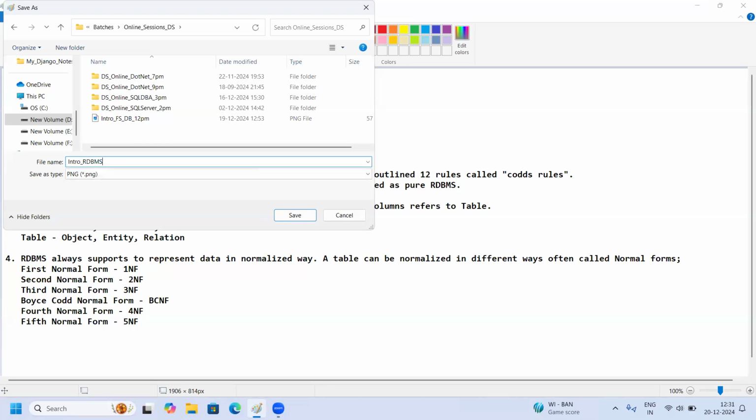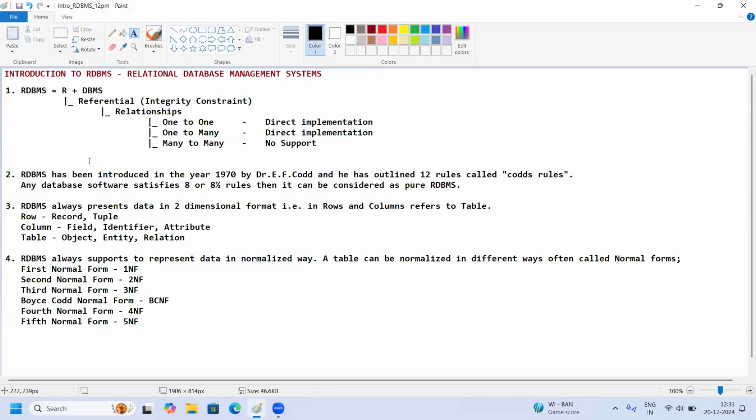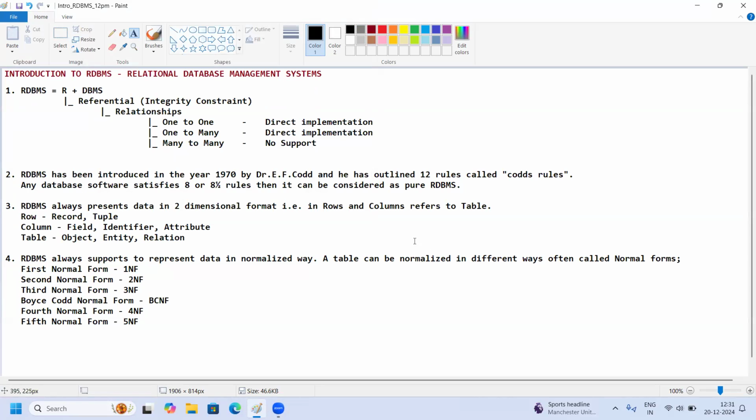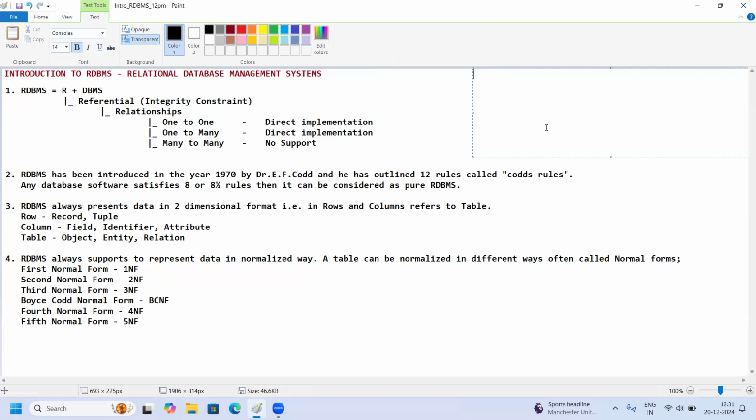Intro RDBMS, 12 PM. Okay, somewhere in this file only I'll complete. Instead of creating a separate file, in the same file I'll just write here.